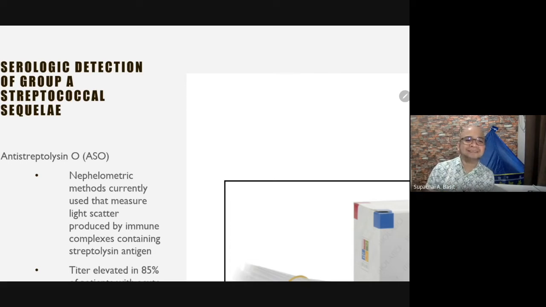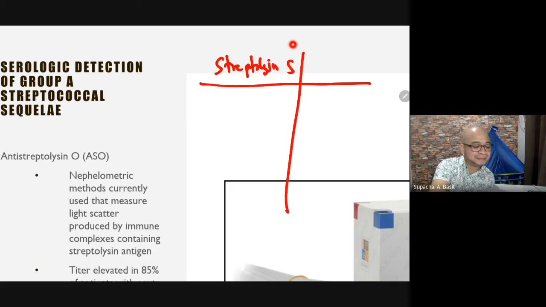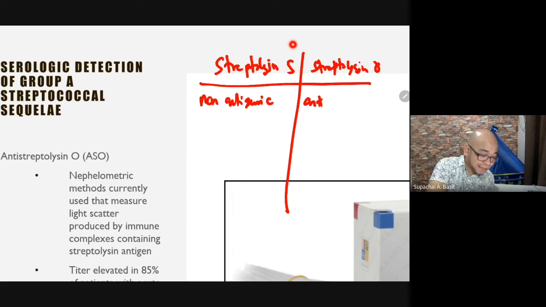When you are infected with streptococcus, the organisms produce two types of hemolysin: streptolysin S and streptolysin O. Streptolysin S is non-antigenic. Streptolysin O is antigenic.